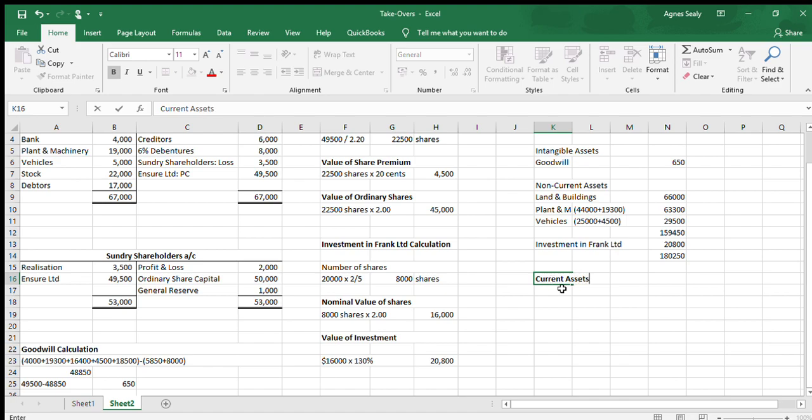We are going to then look at our current assets. So our current assets are stock, which is $40,000 plus $18,500. Then we have our debtors, which are $94,000 plus $16,400.